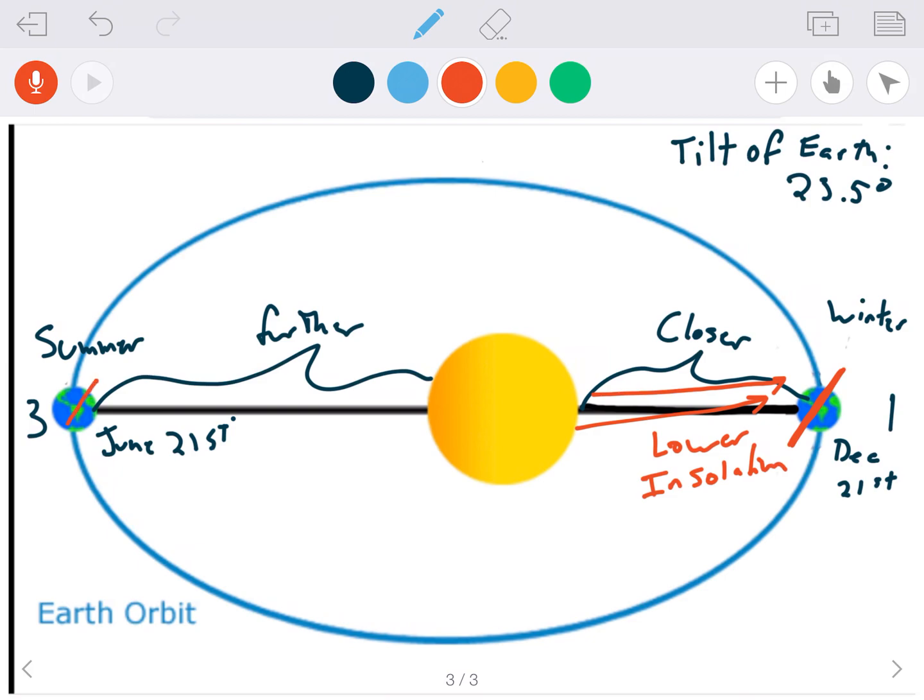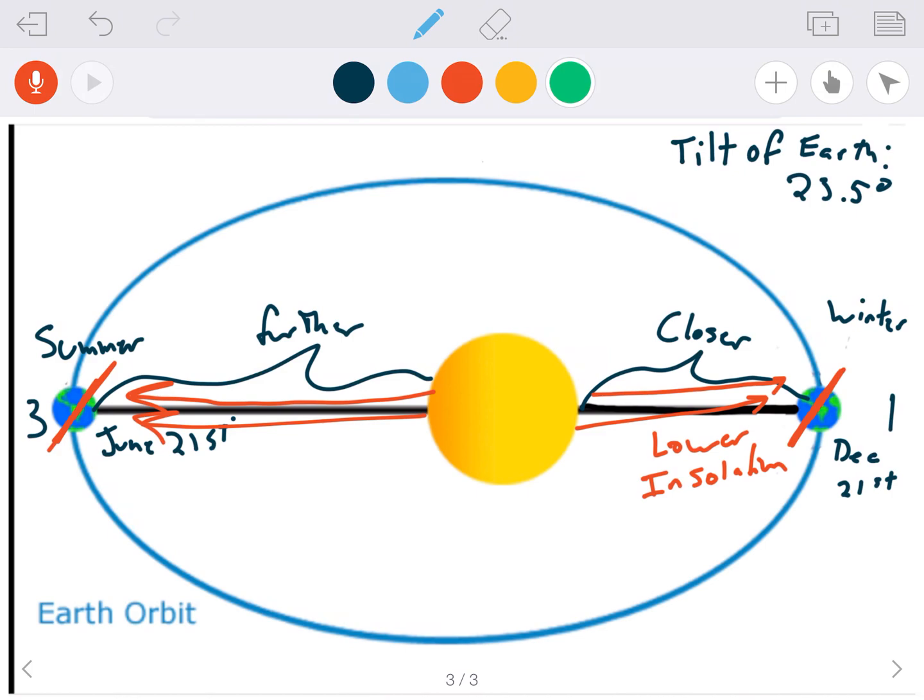So now my northern hemisphere is pointed towards the sun, and the angle of insolation is higher. So we're further from the sun right now, but because we're tilted towards the sun, we have our summer. And we'll be tilted towards the sun the maximum amount on June 21st, the summer solstice.